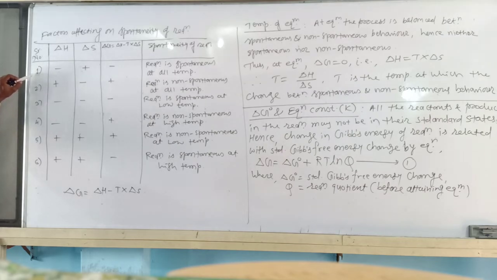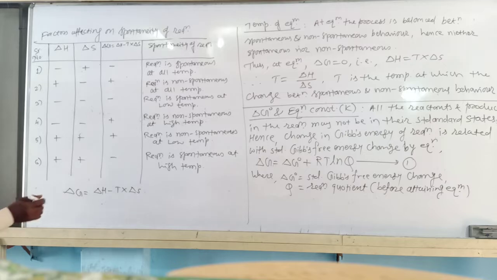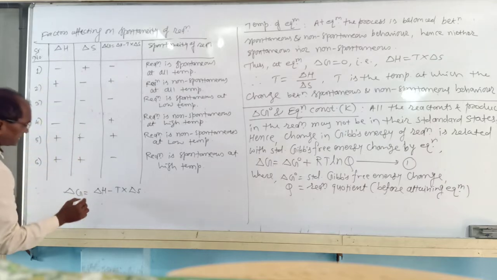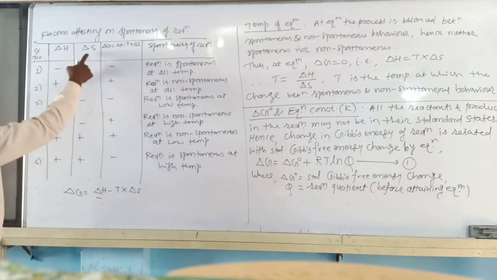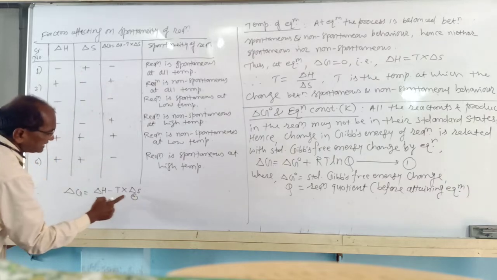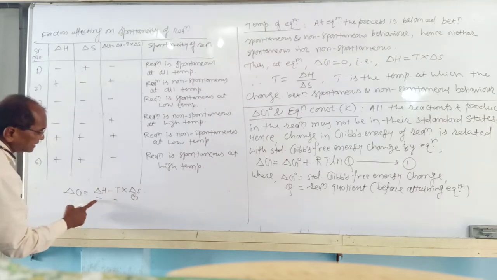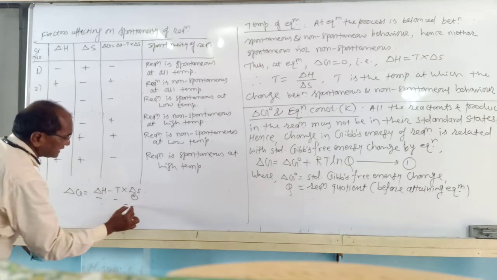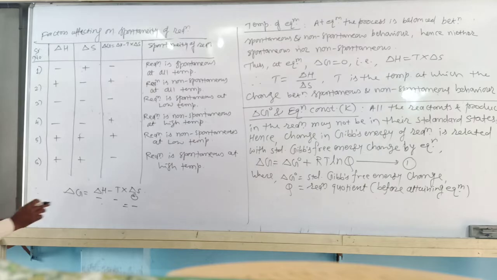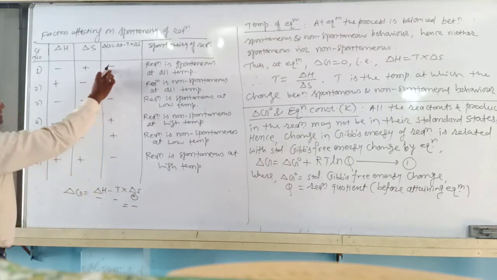Consider number 1: ΔH is negative and ΔS is positive, and the value of ΔG is negative. Put the values. ΔH is negative, ΔS is positive, but positive into negative gives negative. Negative, negative, it is negative. That is, ΔG is negative.